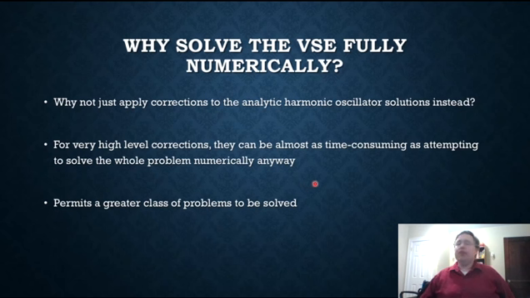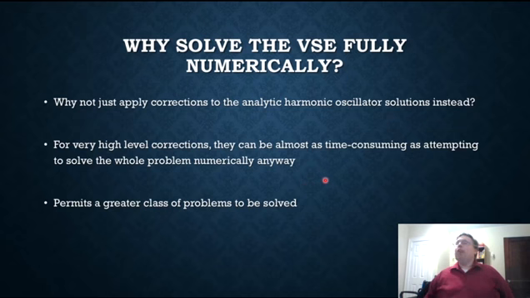So if we're going to have to go through the effort of applying these corrections that take a lot of time, why not start from the original equation anyway? And the second big reason is that if we abandon the harmonic oscillator, it permits a greater class of problems to be solved, and we'll see that later.